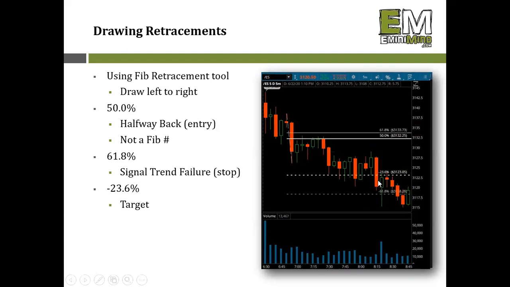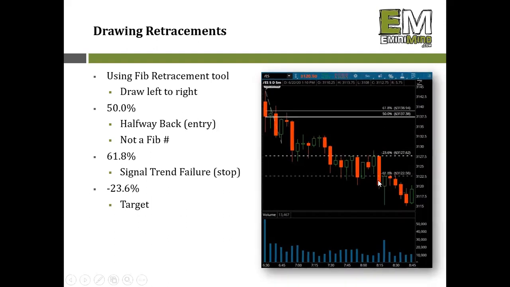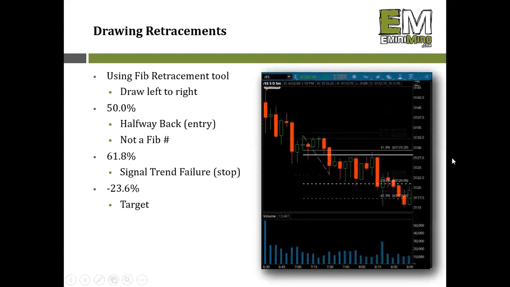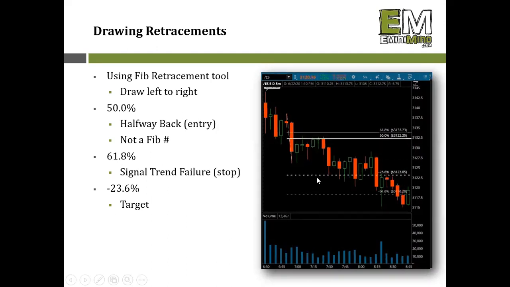You have a series of retracements going from the 50% down to the negative 23, then up to the 50%, down to the negative 23. So you have this continued trend of lower highs and lower lows, and you're maybe taking the second one or the third one in the trend and either getting out at the negative 23 and then getting back in at the 50, or simply trailing your stop on the way down.